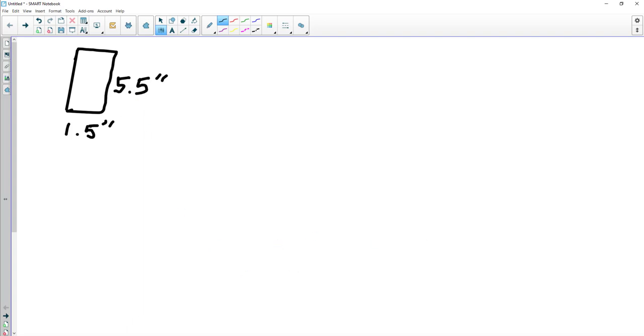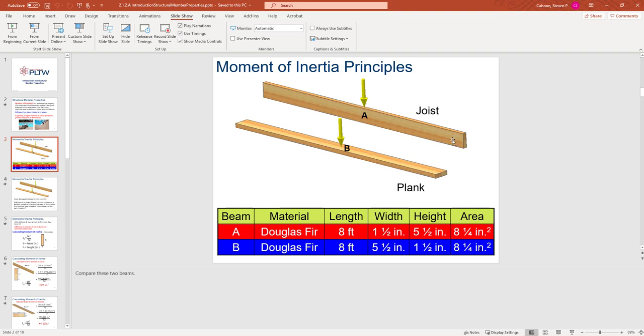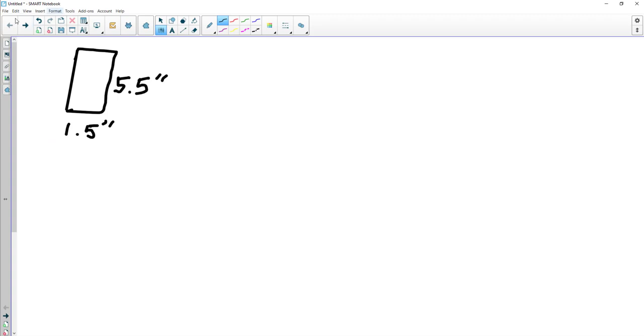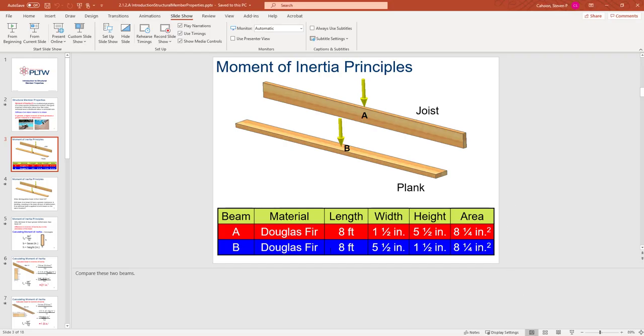If I go back and look at the actual picture of it, the bottom here is 1.5, which is obviously smaller, and it is 5.5 tall. So on this picture, we would say that base equals 1.5 and height equals 5.5. And then on the other one, this is called joist orientation.